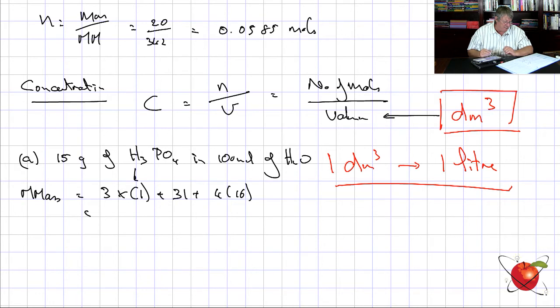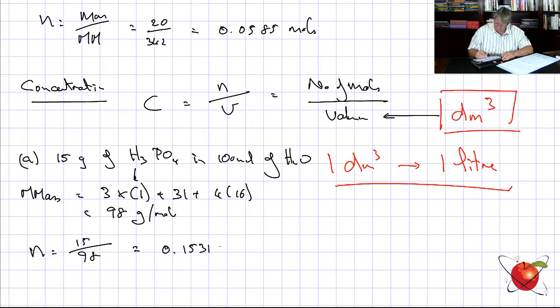My molar mass is going to be 98 grams per mole. Okay, therefore n is going to be equal to 15 grams divided by 98. So my number of moles is 0.1531. Therefore, concentration is 0.1531. Whoa, hold on.